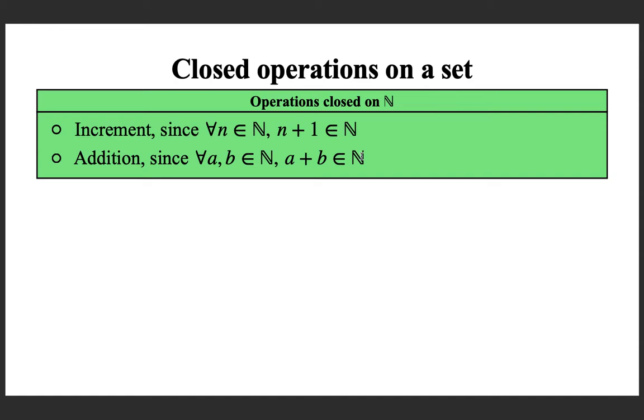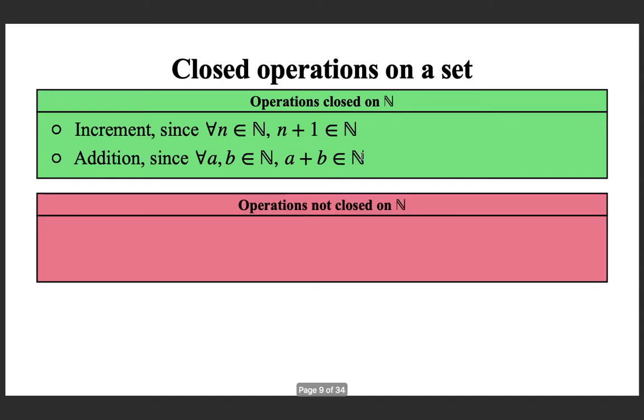Now examples of operations which are not closed on natural numbers. First example is decrement. Why is decrement not a closed operation on the set of natural numbers? Because you can find a natural number on which, if you perform the decrement operation, the result is not a natural number.